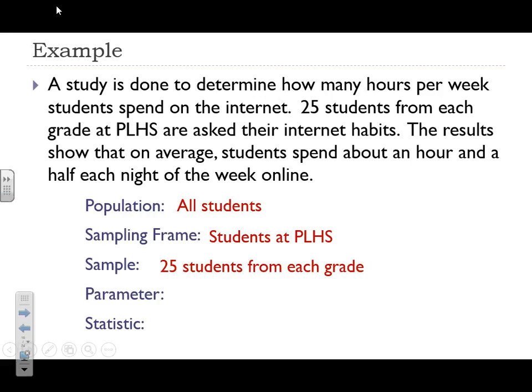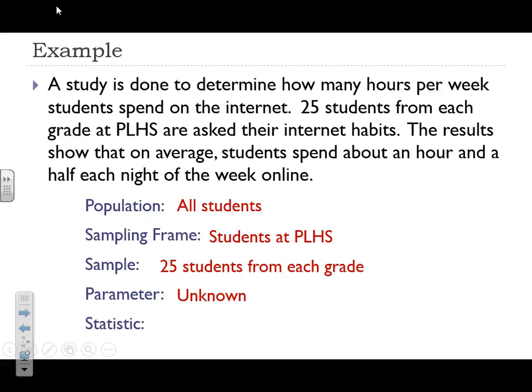So if we're looking at this scenario, Danny and Autumn, what is our parameter? What's the actual value? We don't know. We didn't get information from the entire population, right? So in this case, this is one of our many examples where the parameter is unknown. We don't know what specific number of hours students spend online. So our parameter we don't know.